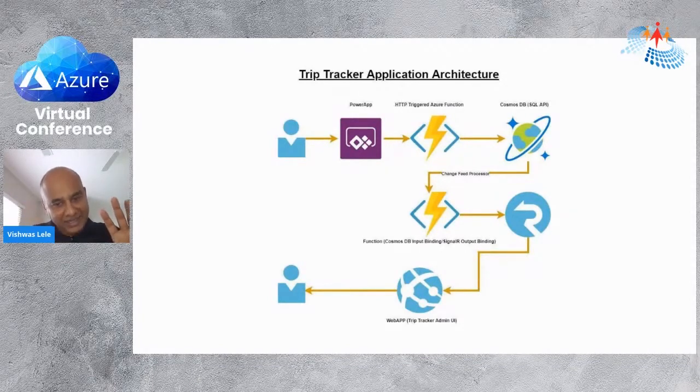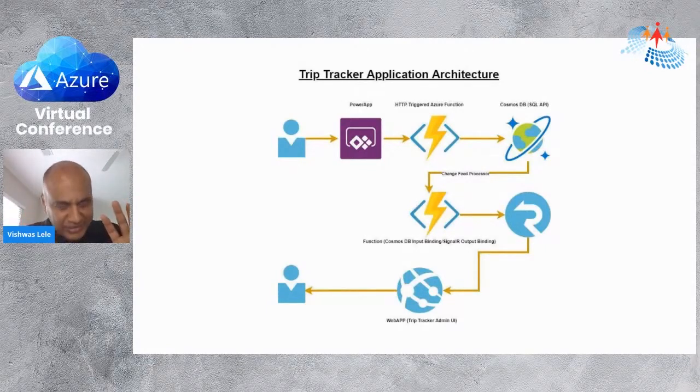That app is then connected to Azure Functions, which is nothing but an HTTP triggered function in our case, which in turn stores data inside Cosmos DB. And inside Cosmos DB, we had an Azure Synapse Link, which was sending the OLTP data into an analytics store, so we can do some analytics on top of that.